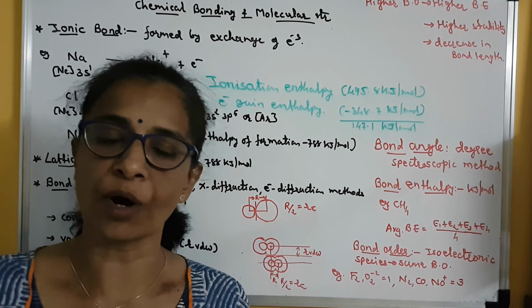And we know that ionization enthalpy or ionization is always an endothermic reaction, means the ionization enthalpy is always positive. So for sodium also, its ionization enthalpy is 495.8 kilojoule per mole.